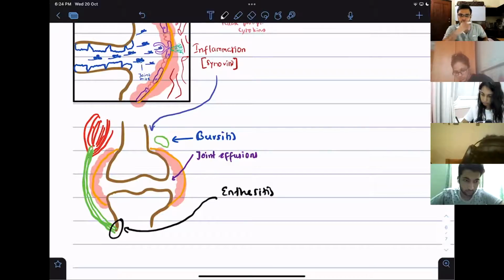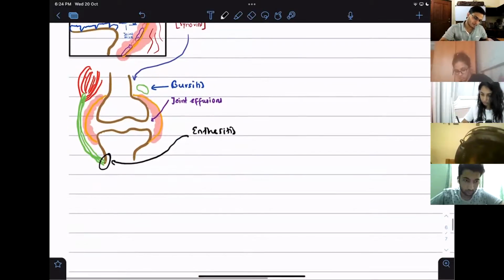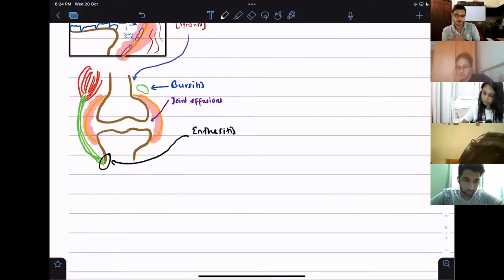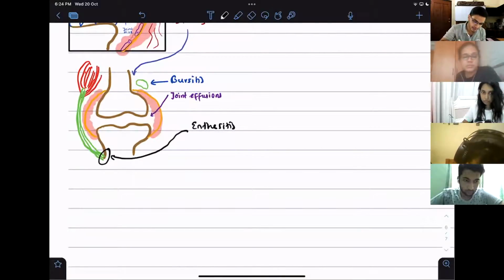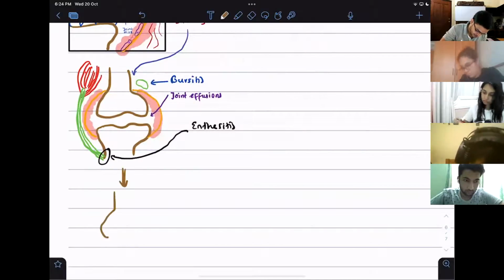Now, what's the next thing? Let's say your immune system managed to somehow control this inflammation a little bit, and it managed to heal a little bit of it. What happens is, on healing, there are even more problems.